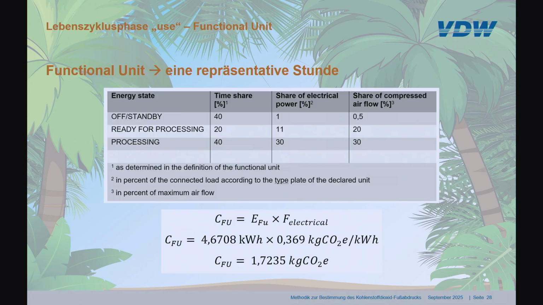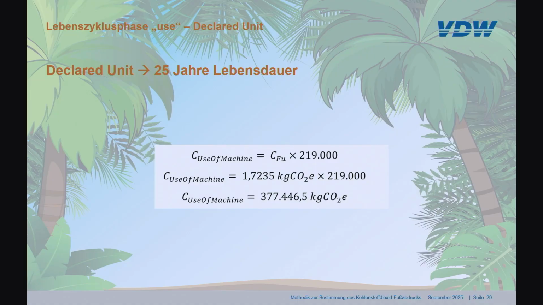And then you have the emissions for 1 hour of machine running time. That's what you've calculated. It's 1 hour. That's a good comparable value. But you've got to know how high the emissions are for the entire use phase. And for that, we have stipulated this.